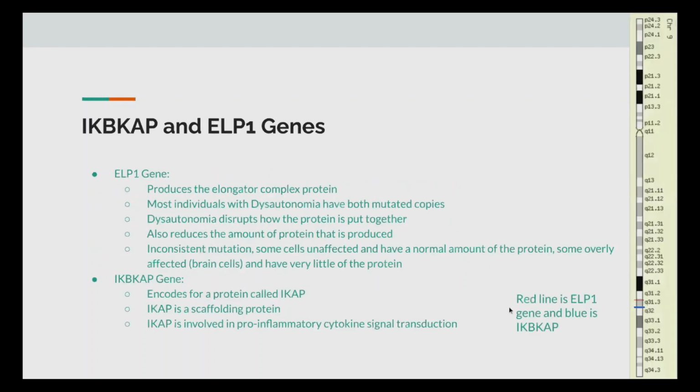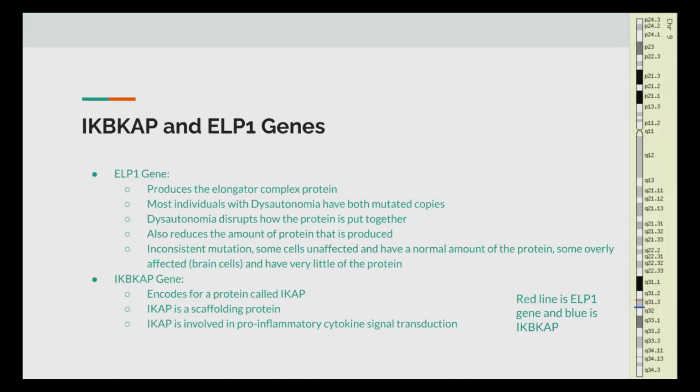In more depth on these two genes, the ELP1 gene produces the elongator complex protein, and most individuals with dysautonomia have both copies mutated. There are some rare cases where they're heterozygous, so they have one copy of the mutated gene, but in all of those individuals observed, their symptoms are very, very mild.